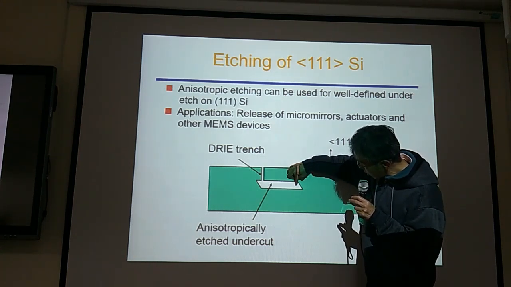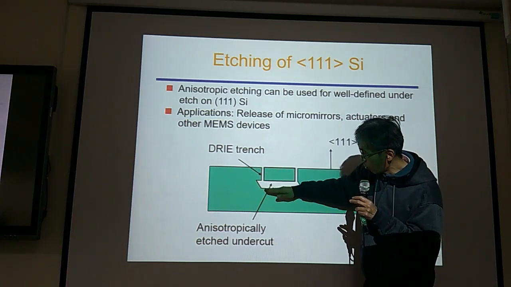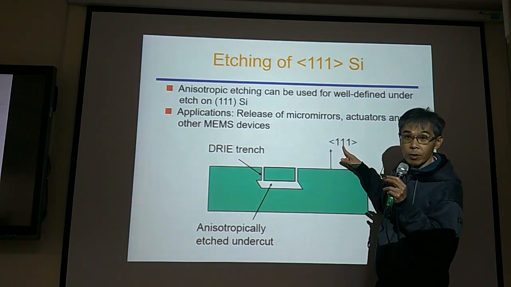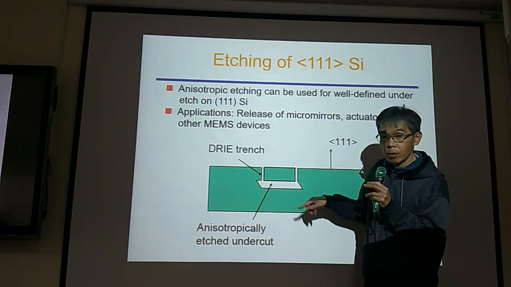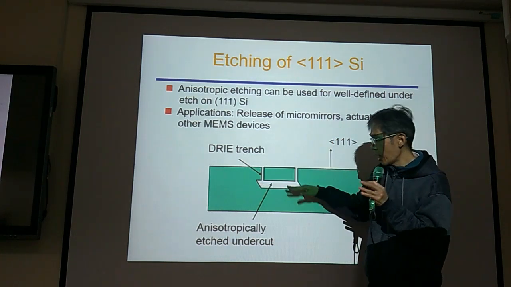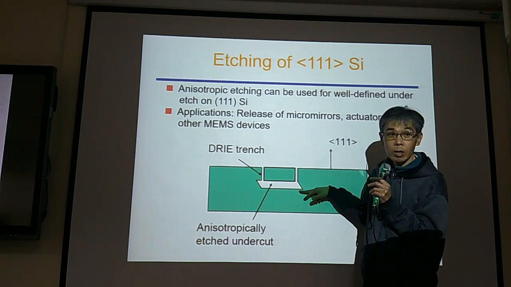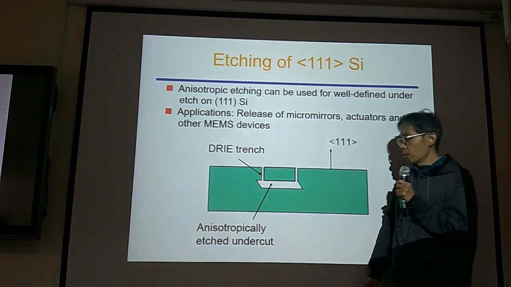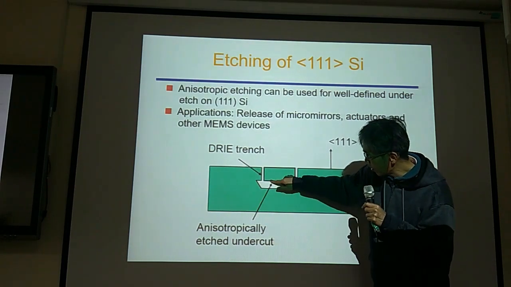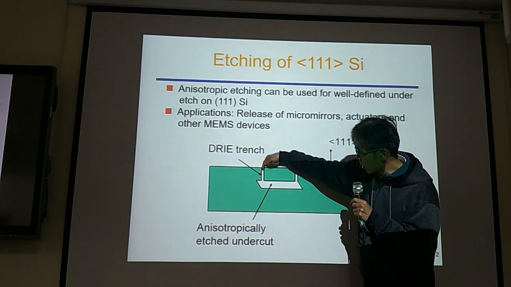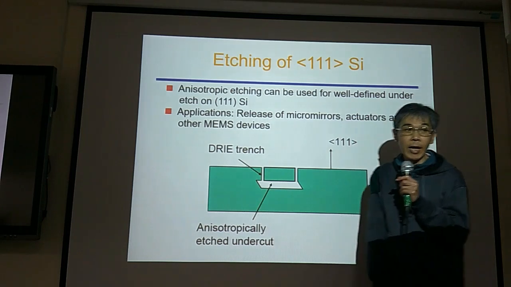So eventually, it's going to have a cavity that looks like this. The etching speed in the 111 atomic surface is very slow, but the etching speed in this direction and this direction is much larger. So that's how we get this cavity this way. So due to the anisotropic etching, undercut, and DRIE is just etching this way. Only one direction. This is DRIE etching.